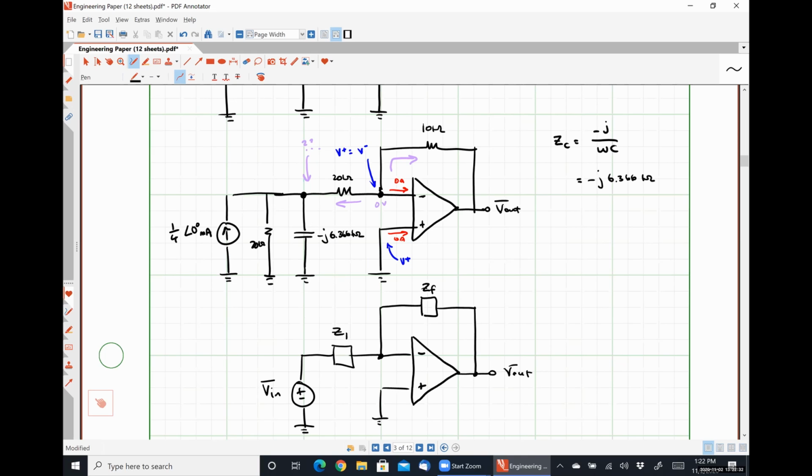Now I have 20 kilo ohms, and this 20K is for sure in parallel with that capacitance, right?